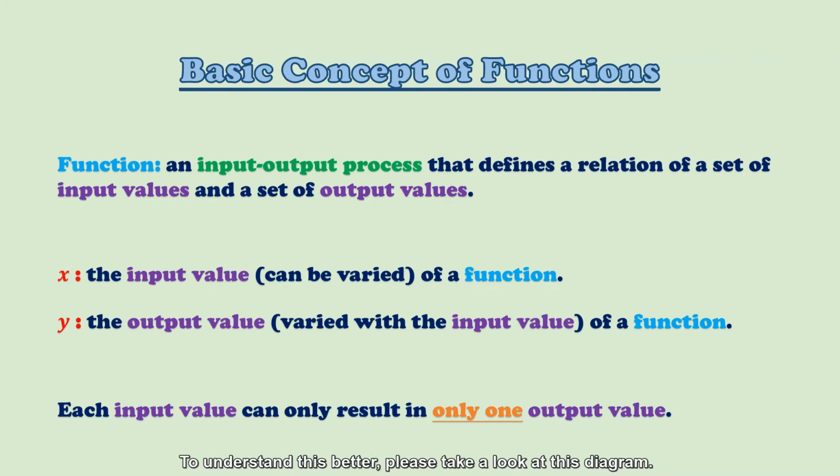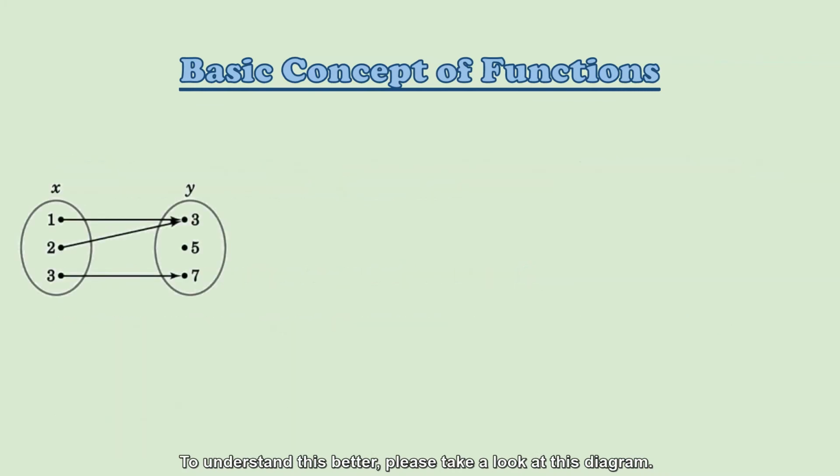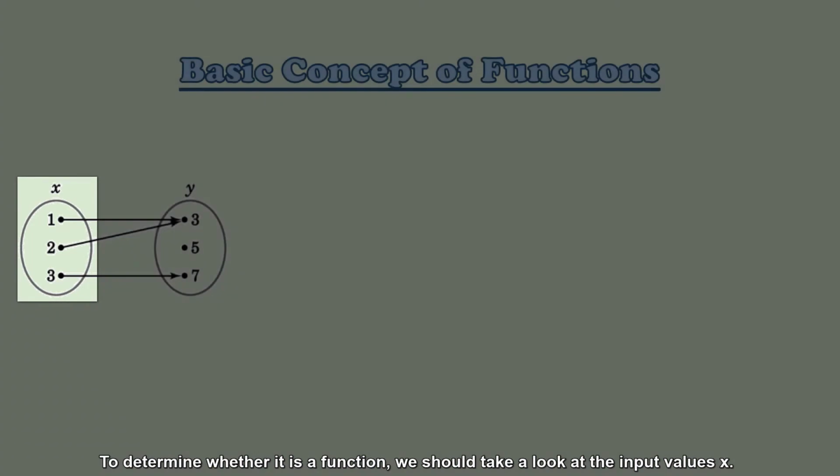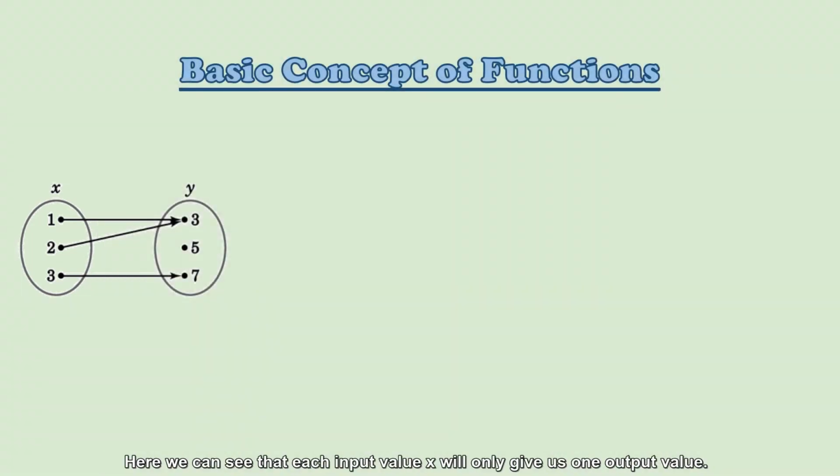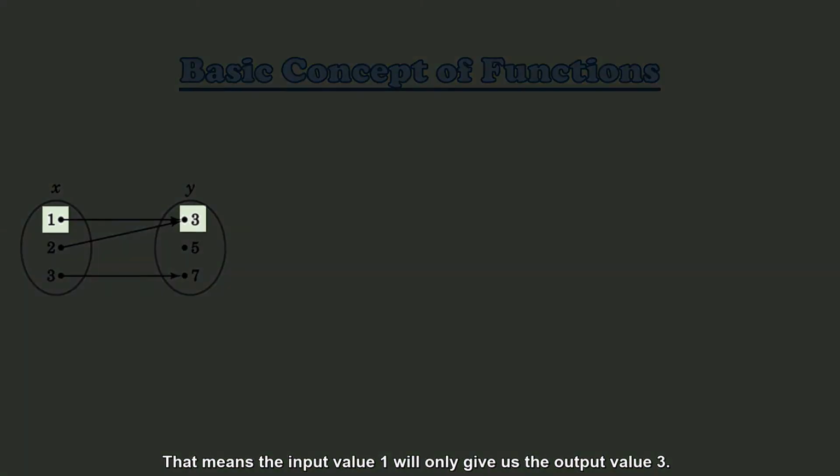To understand this better, please take a look at this diagram. This diagram shows a relation between x and y. But is this relation a function? To determine whether it is a function, we should take a look at the input values x. Here we can see that each input value x will only give us one output value. That means the input value 1 will only give us the output value 3.